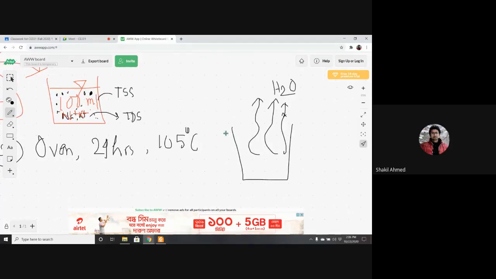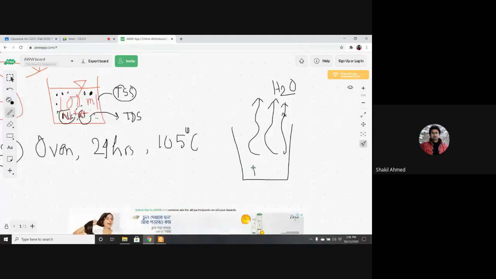Now what is remaining here? Listen. When you put this in the oven, H2O gets dried out, but this sodium, potassium, and this TSS, they don't go out. So what is remaining here? Tell me. The remaining here is the suspended TSS, and exactly, sodium, potassium.